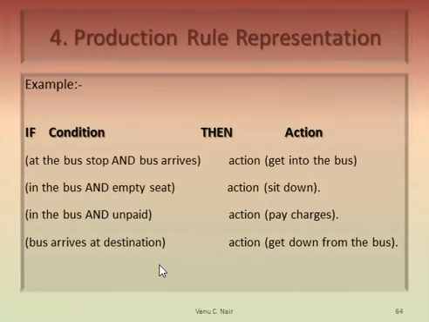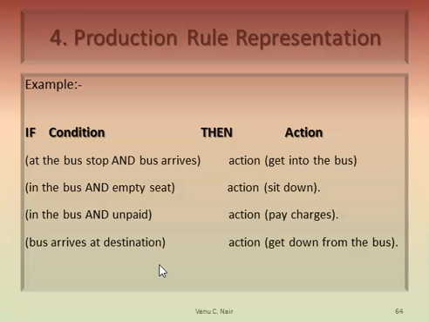For example, if condition then action. Let us see some conditions first. On the left hand side we have the condition, and on the right hand side we have the corresponding action with respect to the condition specified. At the bus stop, which is one condition, we can be at the bus stop or not at the bus stop. So the statement can have a true or false value. If we are at the bus stop, it will have a true value, and if we are not at the bus stop, it will have a false value.